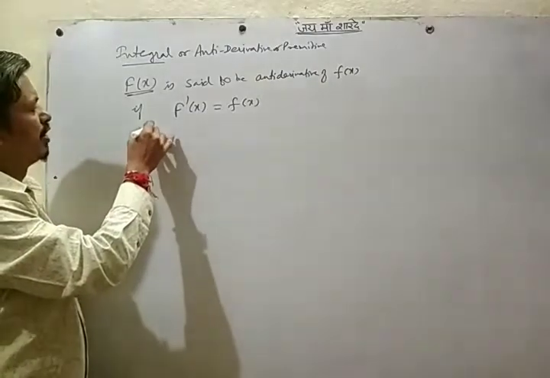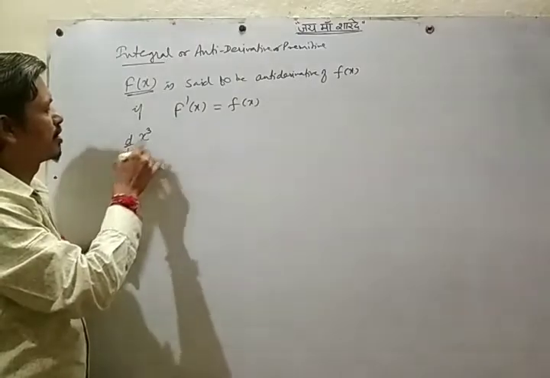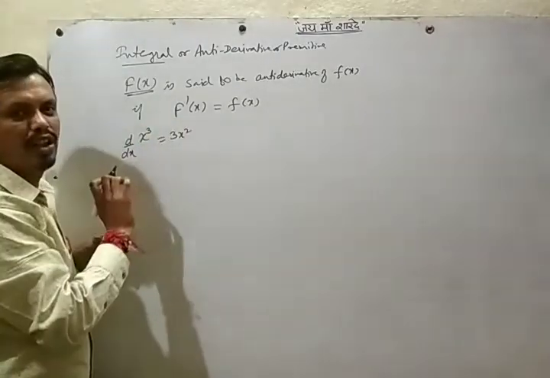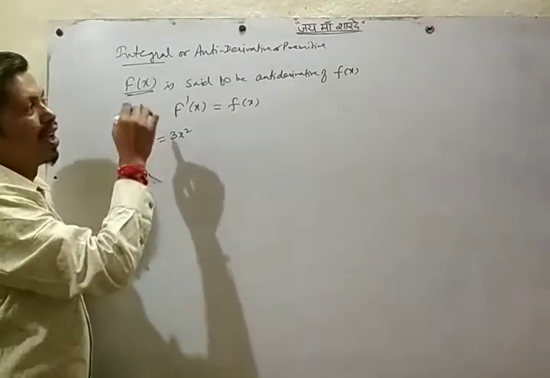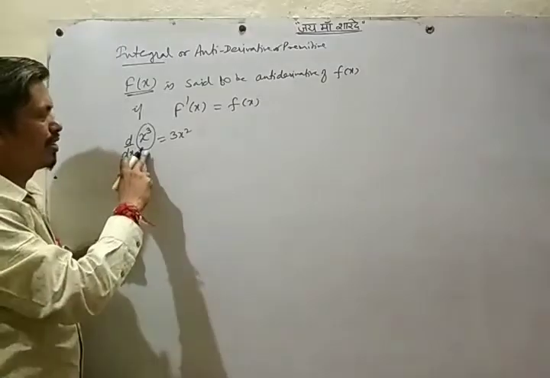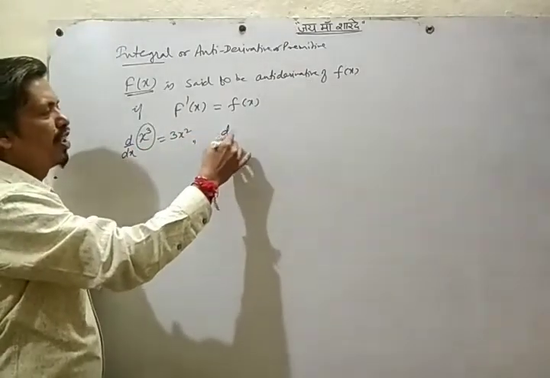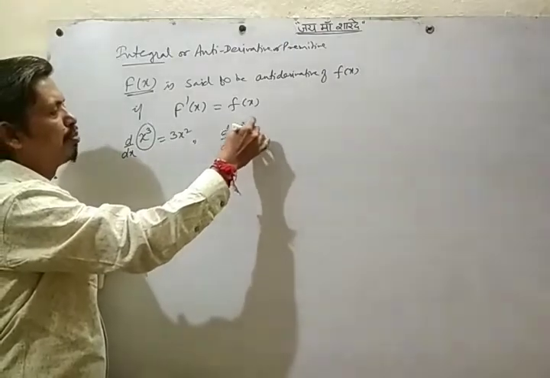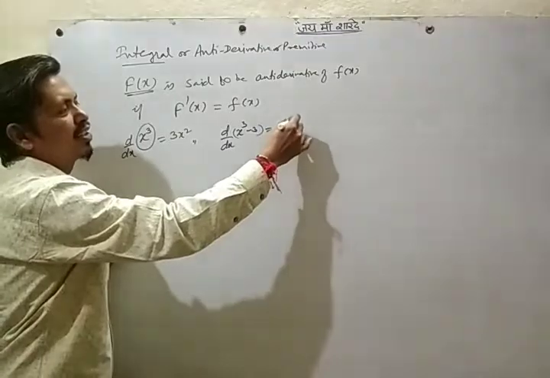If we differentiate x cube, the derivative of x cube is 3x square. So we can say x cube is antiderivative of 3x square. If we differentiate x cube minus 3, we get again 3x square.